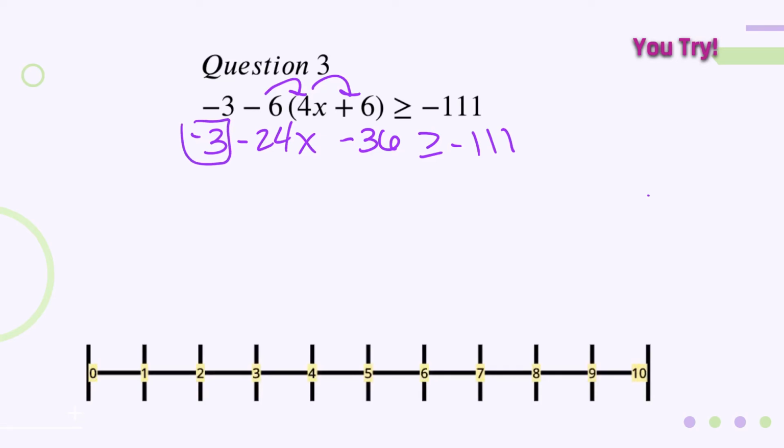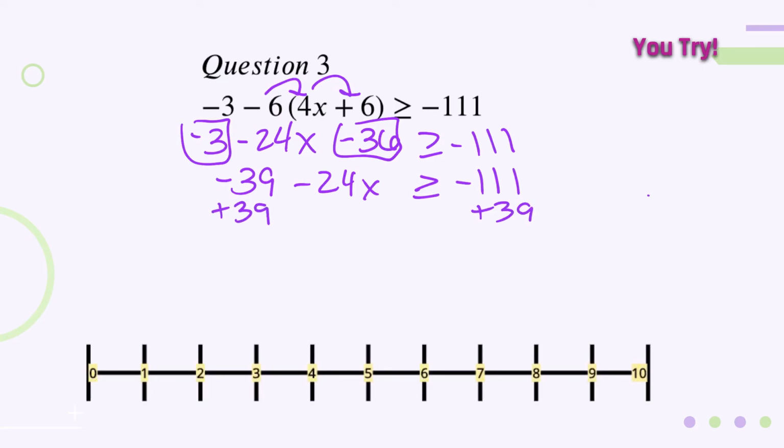Combine my like terms. So I'm left with -39 minus 24x is greater than or equal to -111. Add 39 to both sides. I'm left with -24x is greater than or equal to -72.